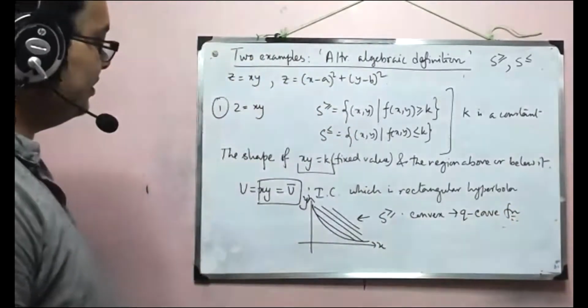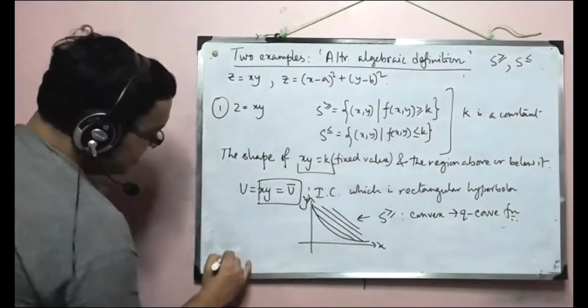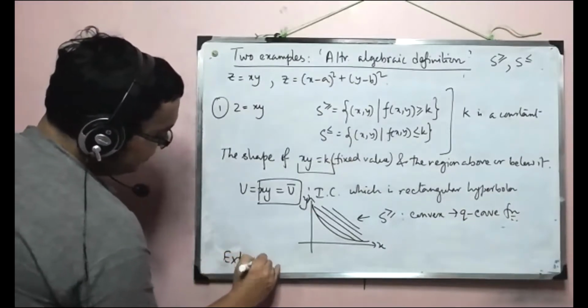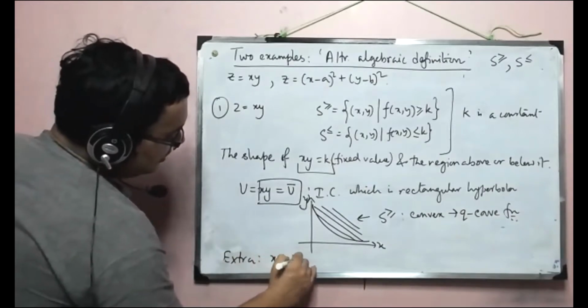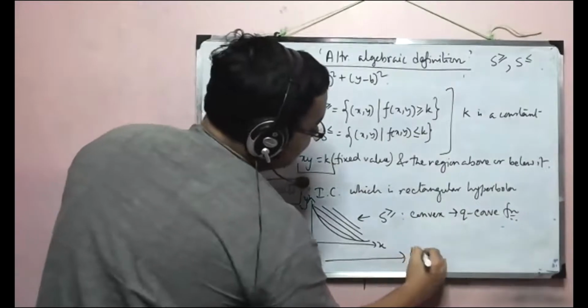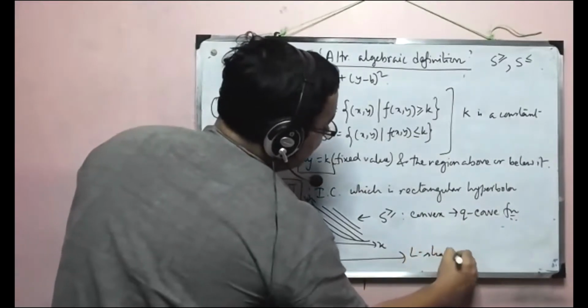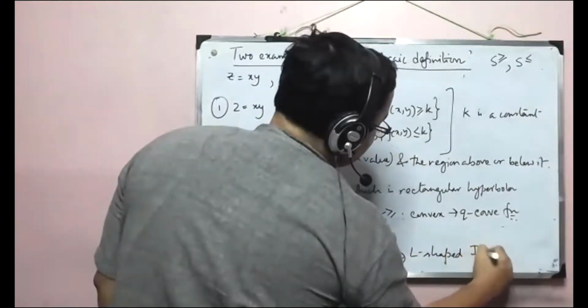Now, just to add something extra, if I put xy equal to k equal to 0, then that will give me an L-shaped IC.